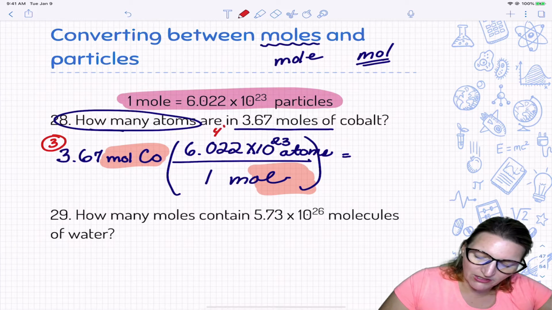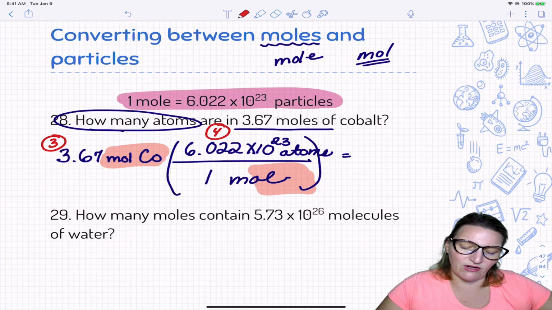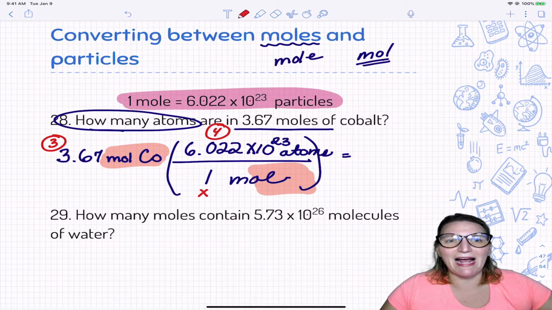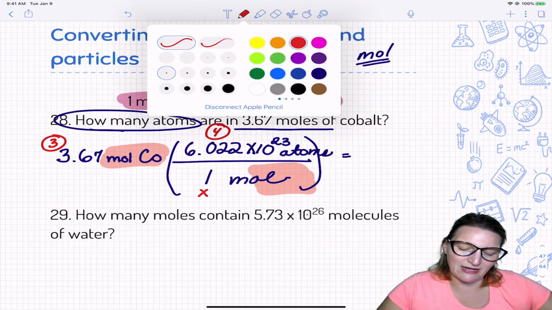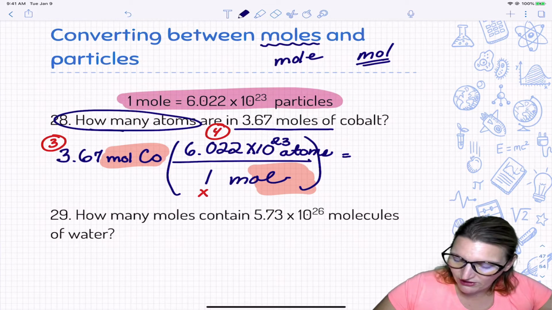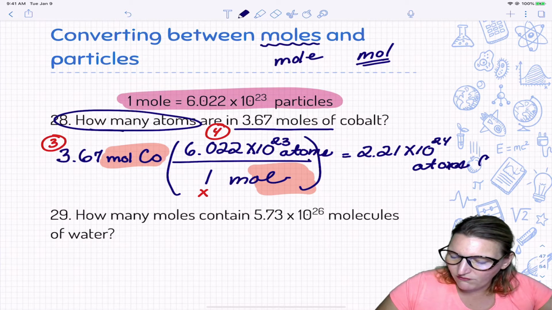We're only using it to 4 significant figures, so that will not limit the number of significant figures in our answer. This 1 mole is how we defined Avogadro's number, equal to 1 mole, so that isn't going to count for us. So I'm going to round my answer to 3 significant figures, and I'm going to get 2.21 times 10 to the positive 24, and that's going to be atoms of cobalt.